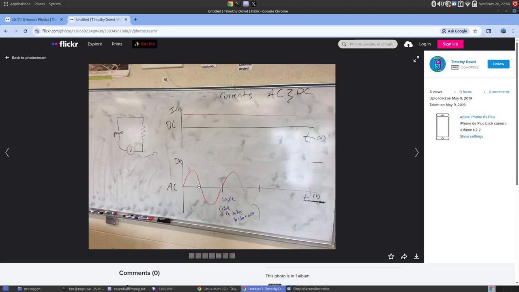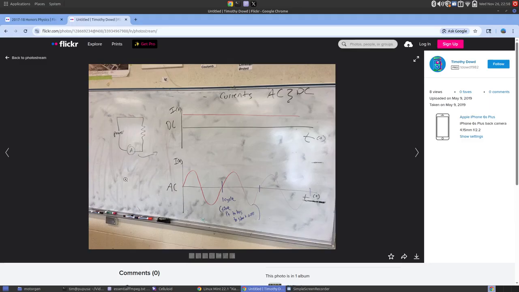But notice in this part of the sine wave, the current's always in the same direction. It's always still in that same positive direction. It's only when we cross the 0 and the needle flicks to the left, this half of the cycle, that the current would reverse and go the other way.